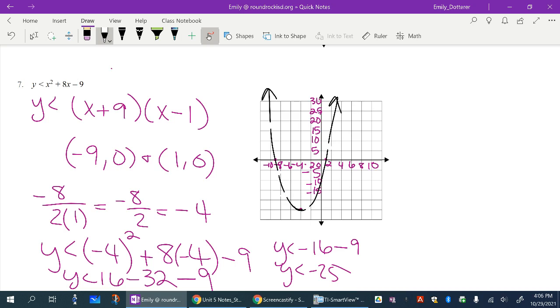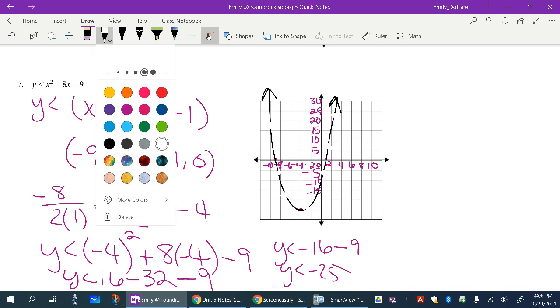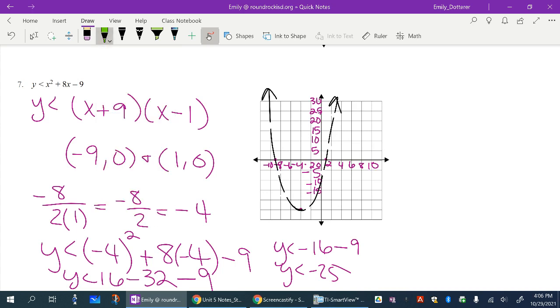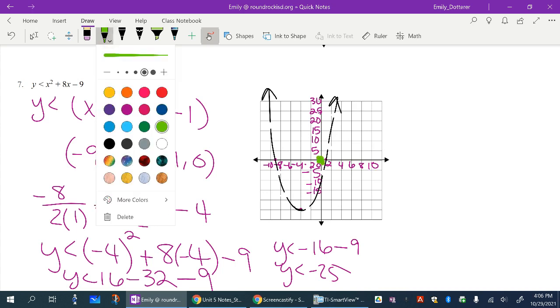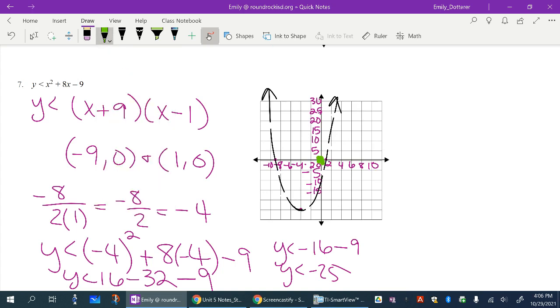There. And that's just easier for me to do. Okay, so now we need to figure out where we're going to shade. And again, you can pick whatever point you want. I'm going to do 0, 0 again.